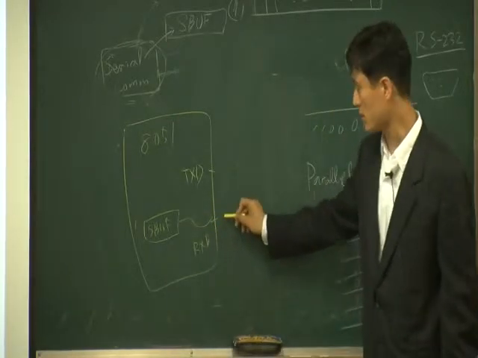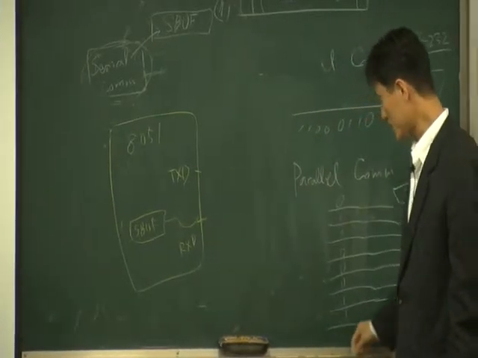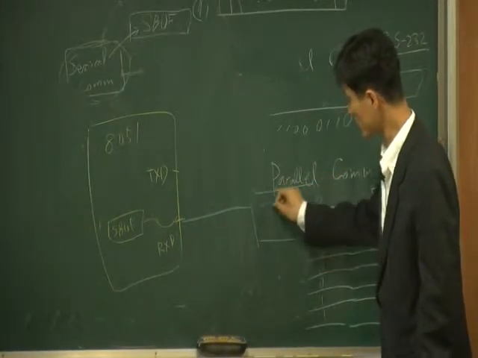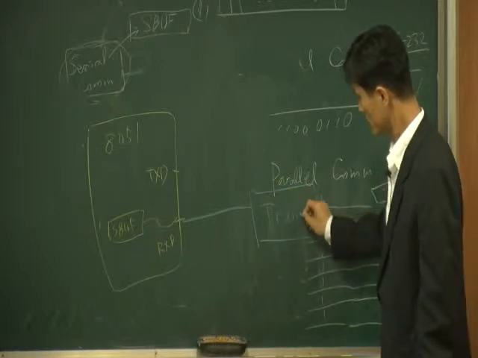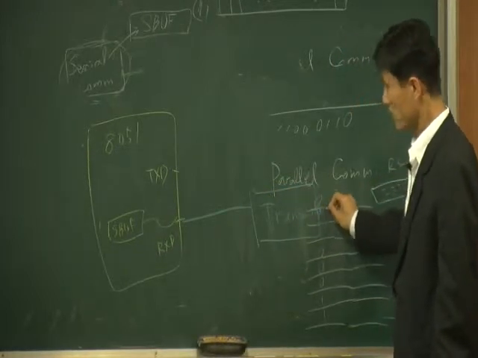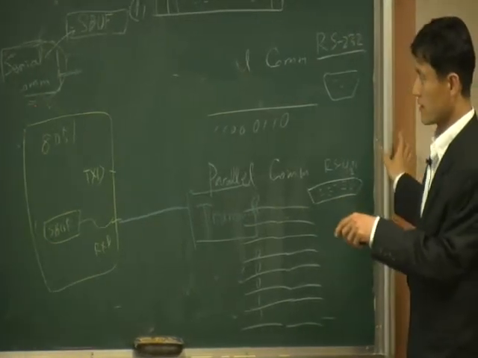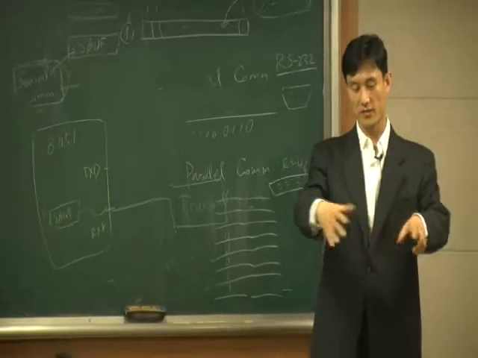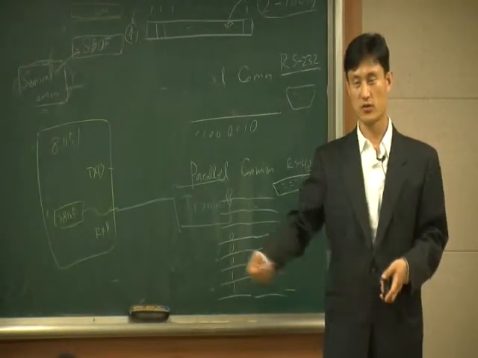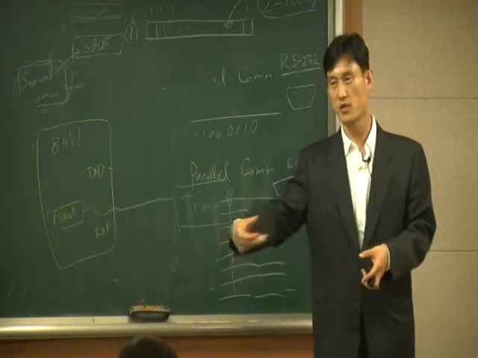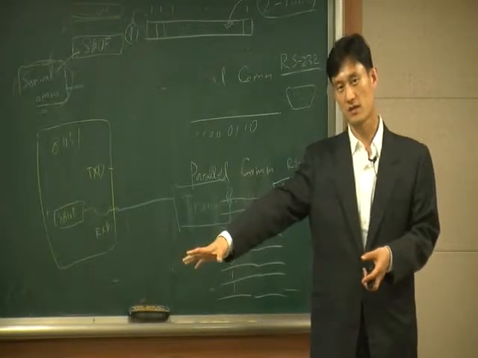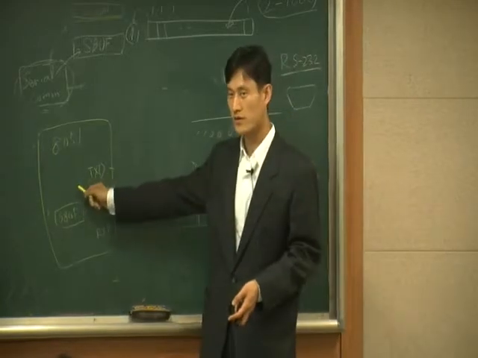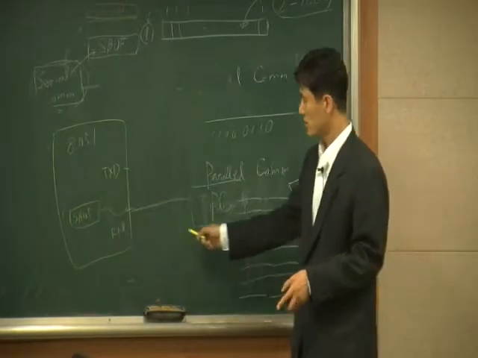So we have the RXD pin here, and this RXD is connected with another transmitter. Maybe you can simply say that in your lab, you have an 8051 board, and you connect this 8051 board with a PC. This is like a PC, for example. This is your board.